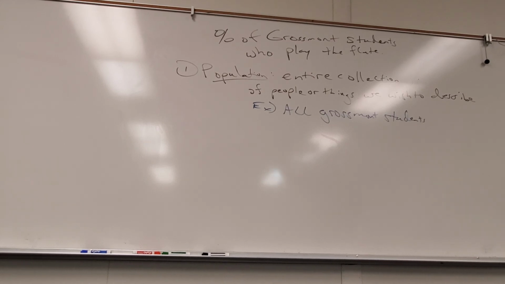It'd have to be the TARDIS. That ain't gonna happen. Do you see how if you say the population was Grossmont students, I'm going to take points off? Which Grossmont students? So when you answer a population question, make sure you're referring to the entire collection, and normally that's just all. Because if you don't use the word all, it actually could mean less than all. And it's got to be all of them.